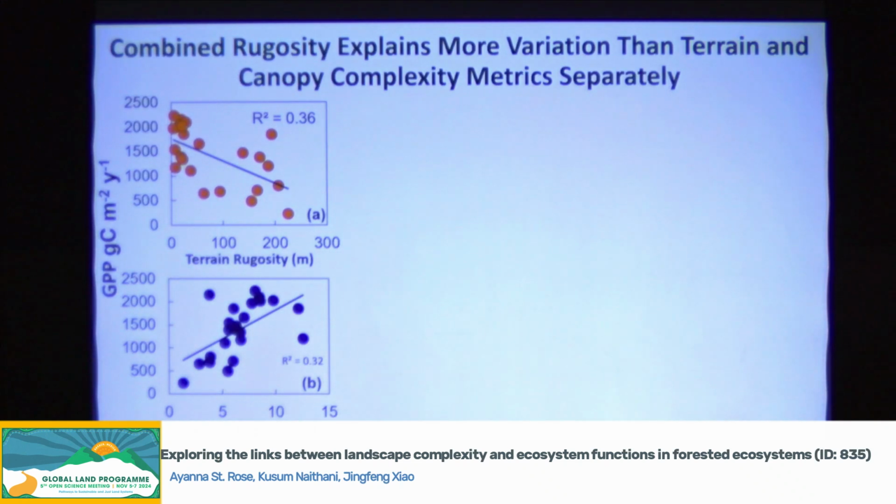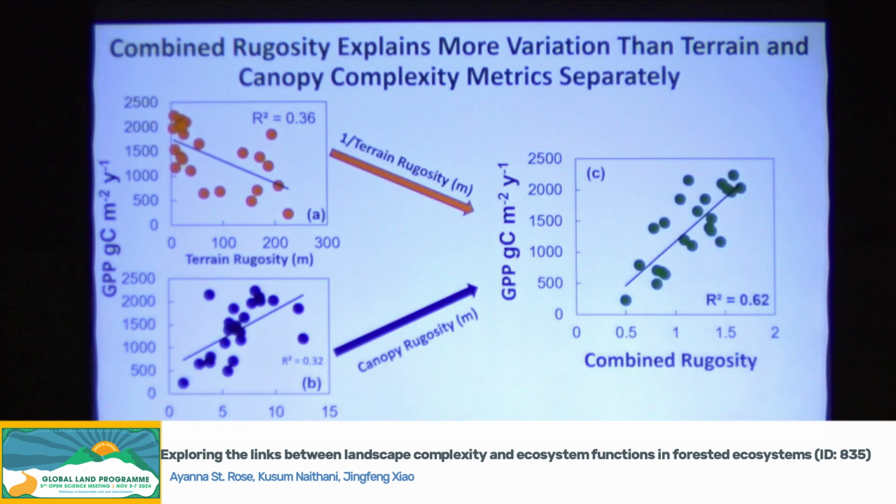So we scaled these metrics, and we took the reciprocal of the terrain rugosity and multiplied that by the scaled canopy rugosity to get our combined rugosity, which explained more variation than its constituent parts.